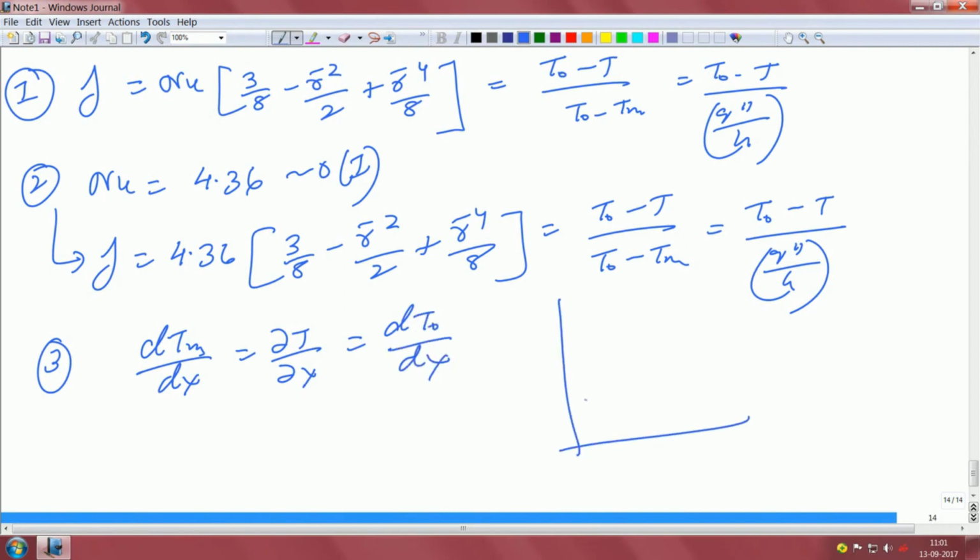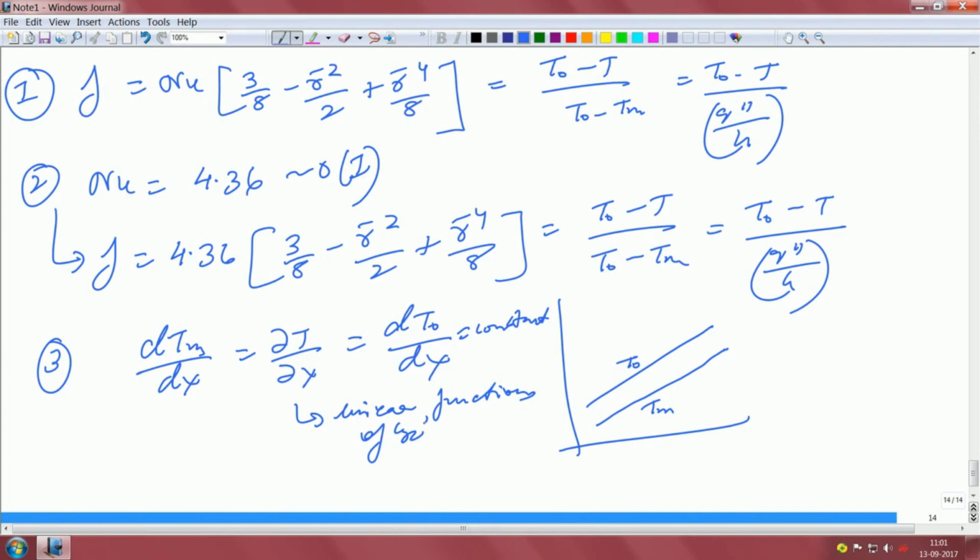So I have not drawn it exactly parallel, but this will be T naught, this will be Tm. Both of these temperatures vary linearly with x, they are linear functions of x, and this is equal to a constant.